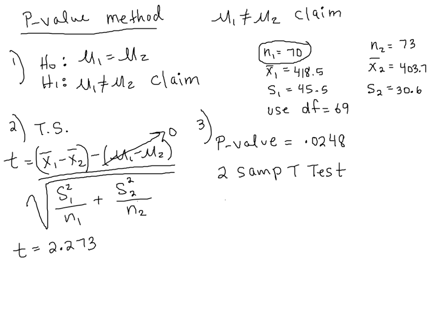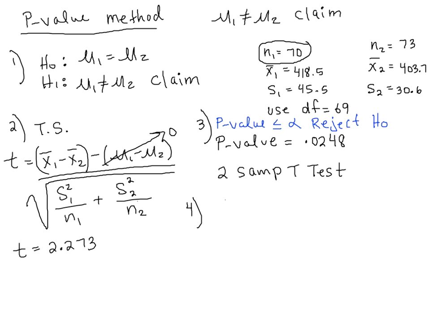All right, so then if we're using the p-value method, the way we decide what to do with our null hypothesis is we look at our p-value, and if it's less than or equal to alpha, then we reject the null hypothesis. So I'm just going to write that down so we don't forget that. So remember, if our p-value is less than or equal to alpha, then we reject the null hypothesis.